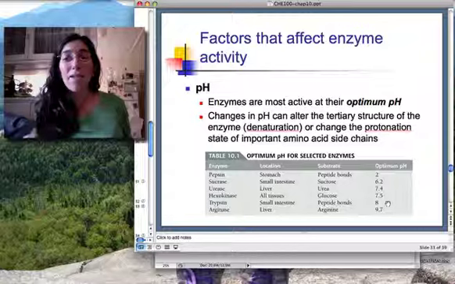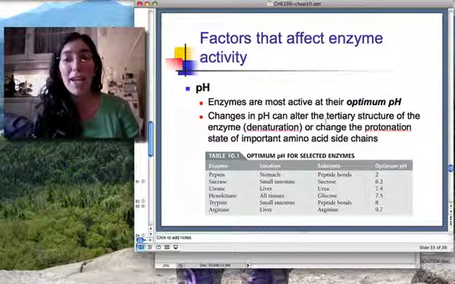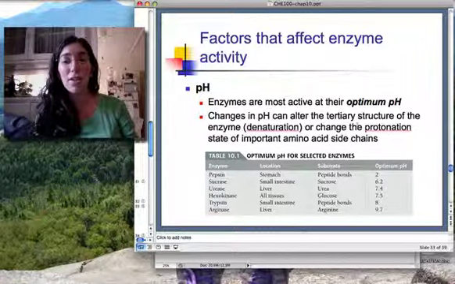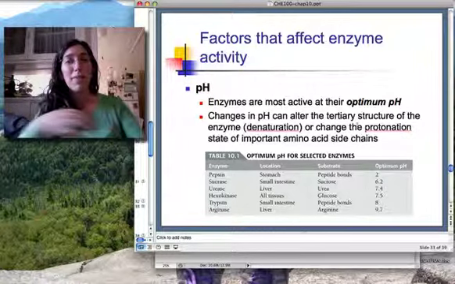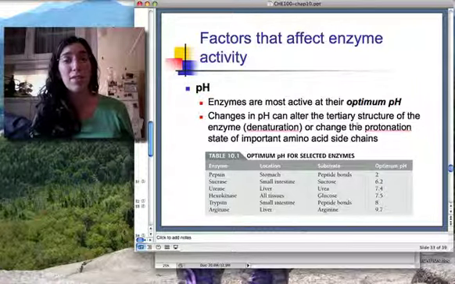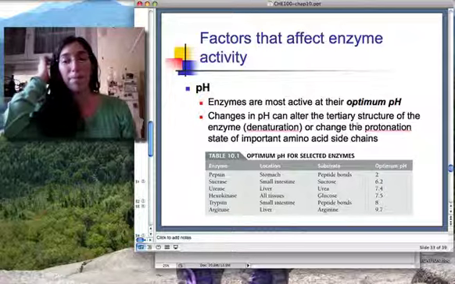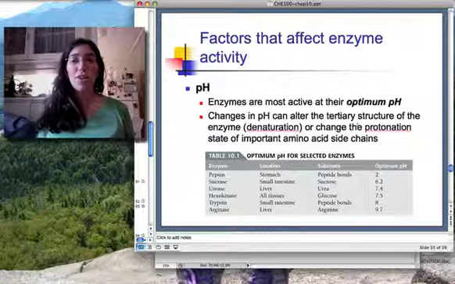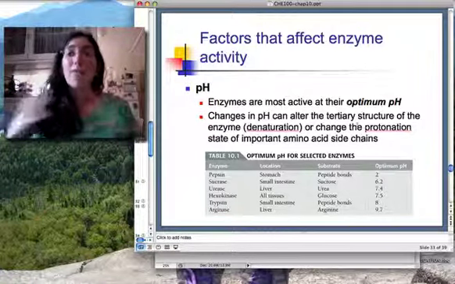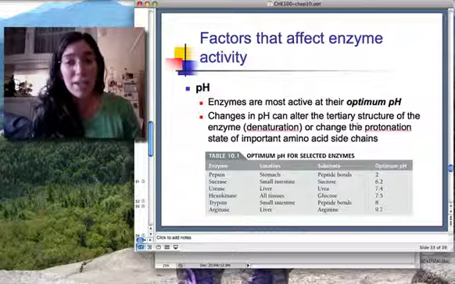The reason is because when you change the pH, you can alter the tertiary structure, the 3-dimensional structure of an enzyme. You can cause it to become denatured because adjusting the pH can adjust the protonation of the different side chains of the amino acids.